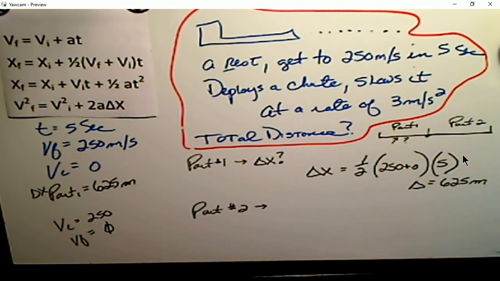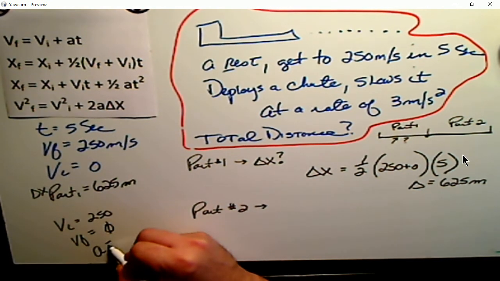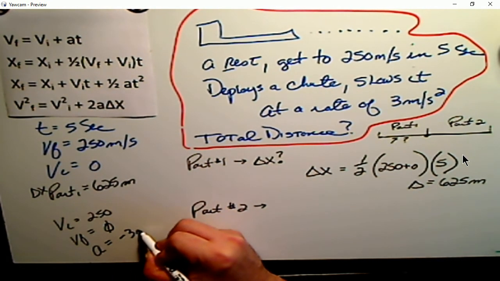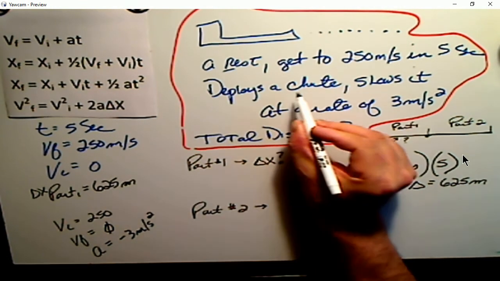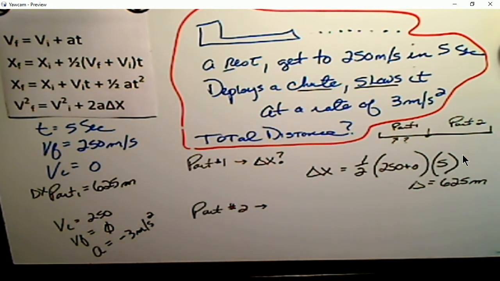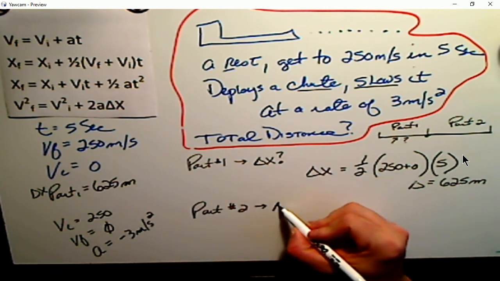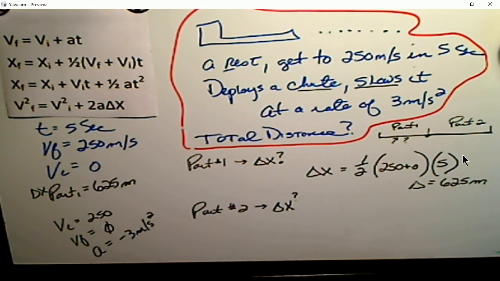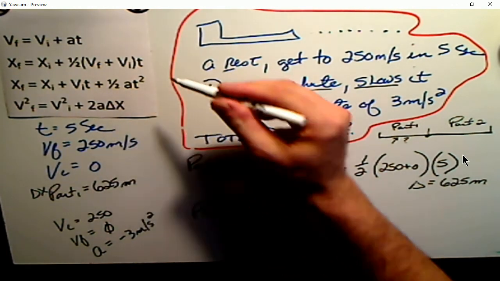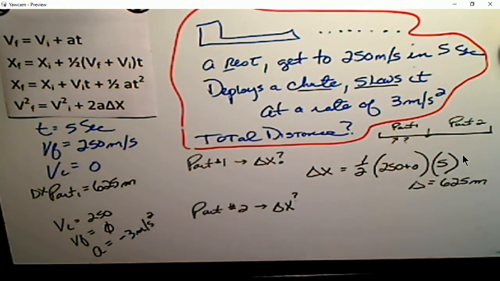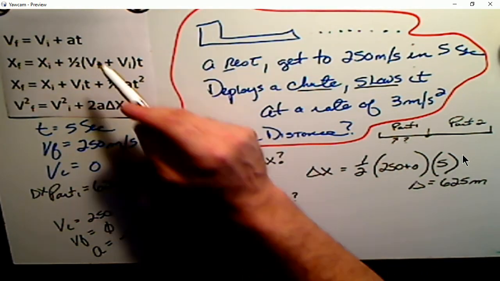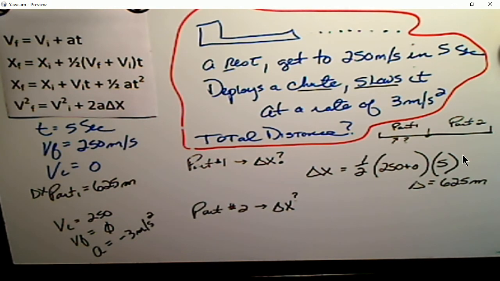We know our acceleration is a negative 3 meters per second squared. The chute is slowing it. So, what is the change of x for that second part? Looking at these equations, see if you could figure out what kinematic equation I should use. Because we're given acceleration and we have the two velocities, it seems like this fourth equation is going to fit nicely.